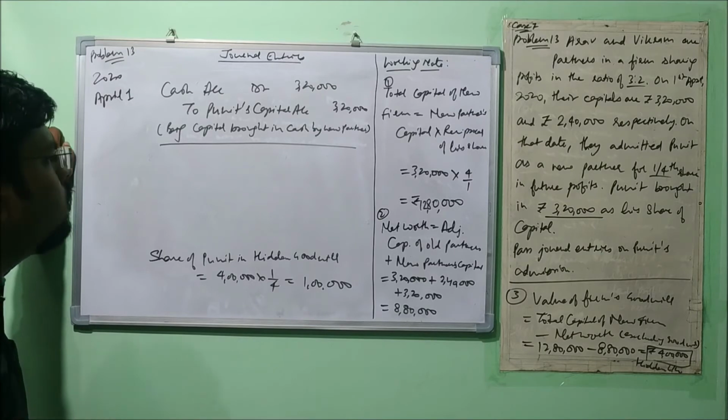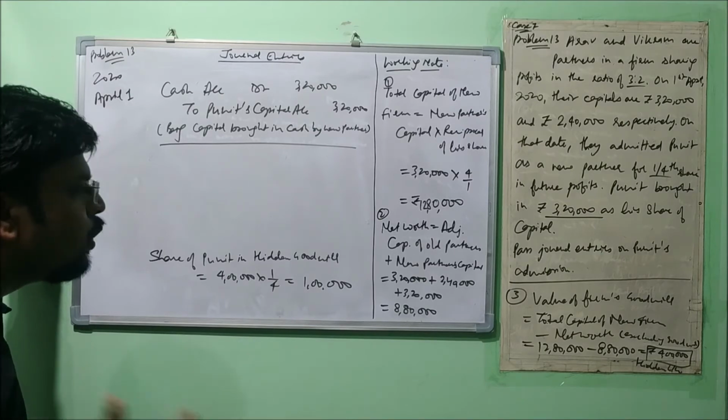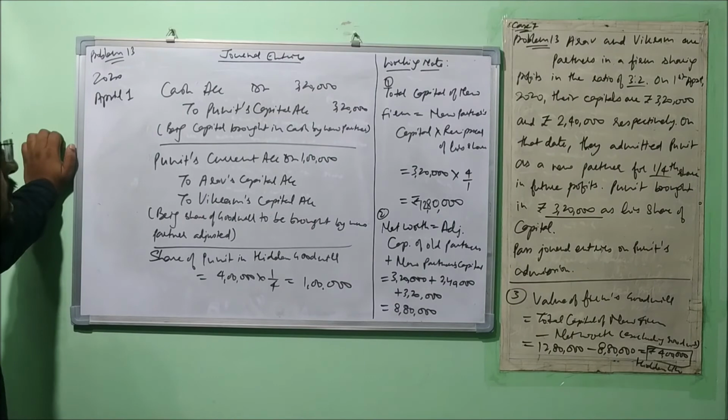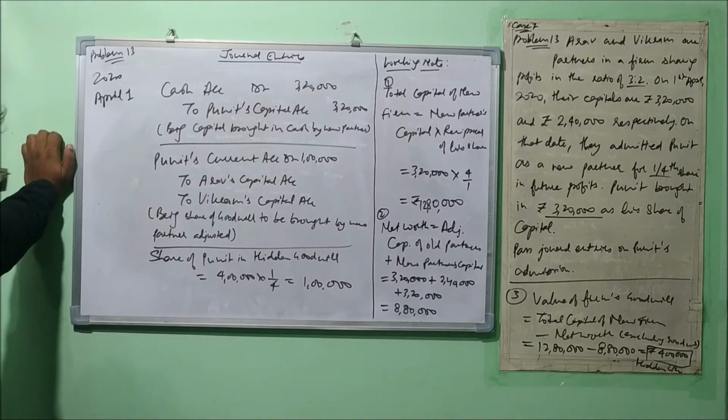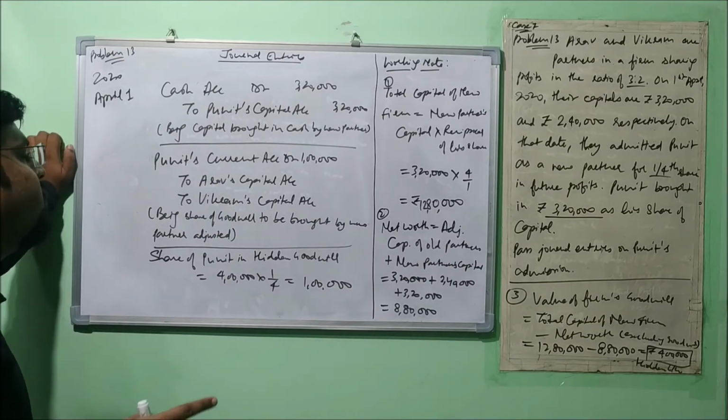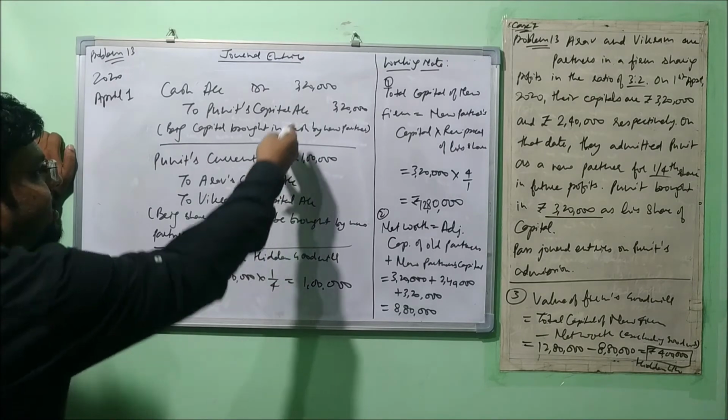Now let's move on to the entry of goodwill. Puneet's current account debit 1 lakh, to Arav's capital account and to Vikram's capital account, being share of goodwill to be brought by new partner adjusted. Why debit the current account here? I have already told you the reason: it will be specifically mentioned as related to goodwill, because the capital he is already bringing.